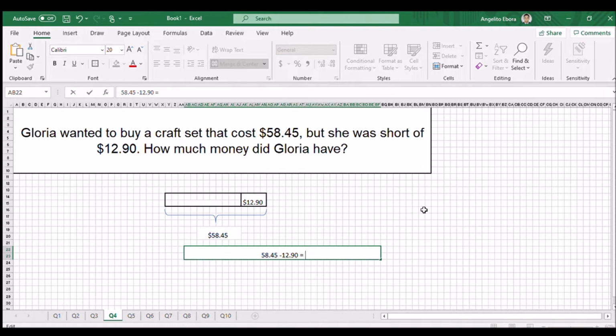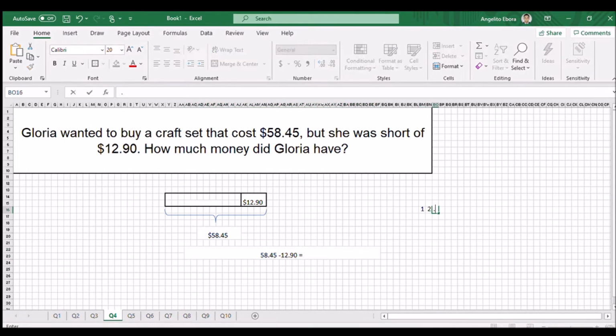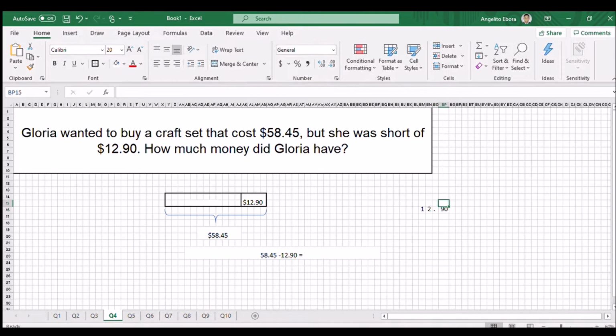Okay, I help you. So $12.90. The one on top is $58.45. Make sure that the decimals are aligned to each other.